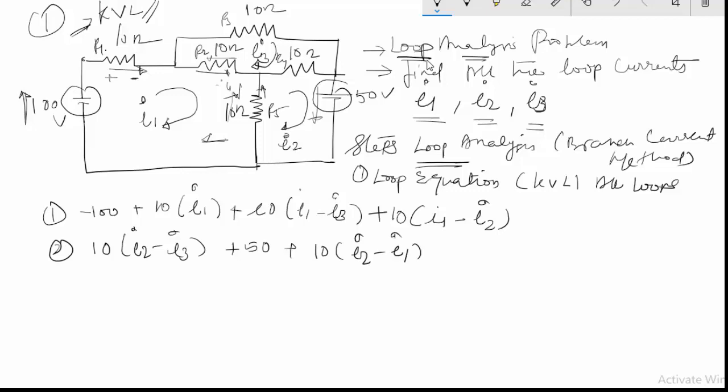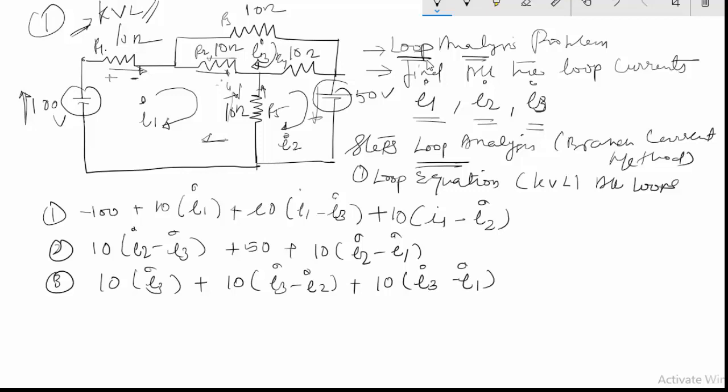And for my third loop I will have the equation 10 I3 plus 10(I3 minus I2) plus 10(I3 minus I1). So these are the three equations which I have got.